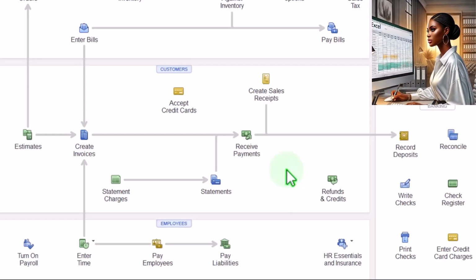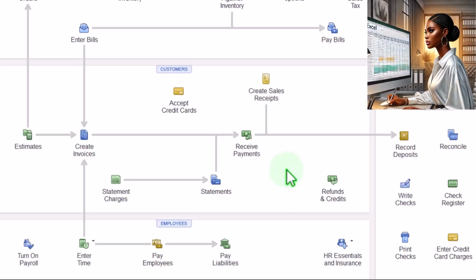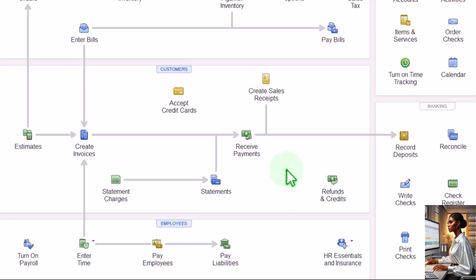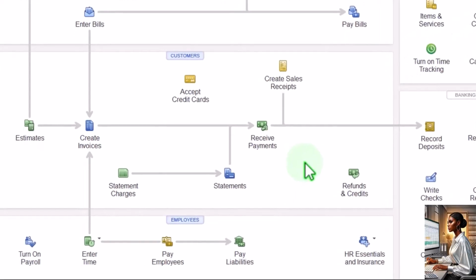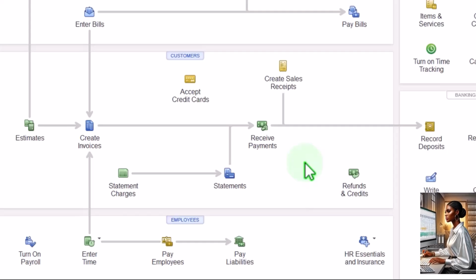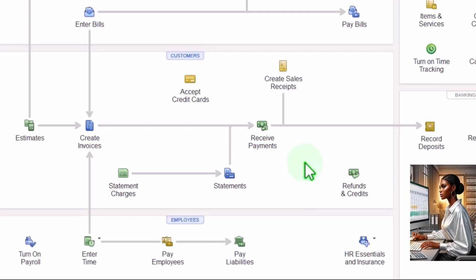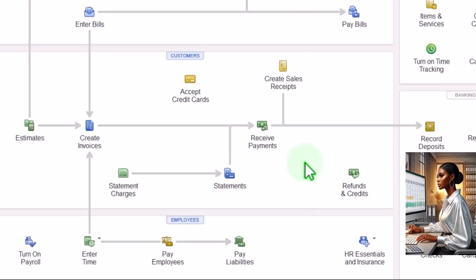So one way we can look at it is to say there's no difference between a cash basis and an accrual basis unless there's a disparity, a difference in the timing of when we earned revenue or when we incurred expenses and when we received the money for the revenue earned and paid the money for the expenses.